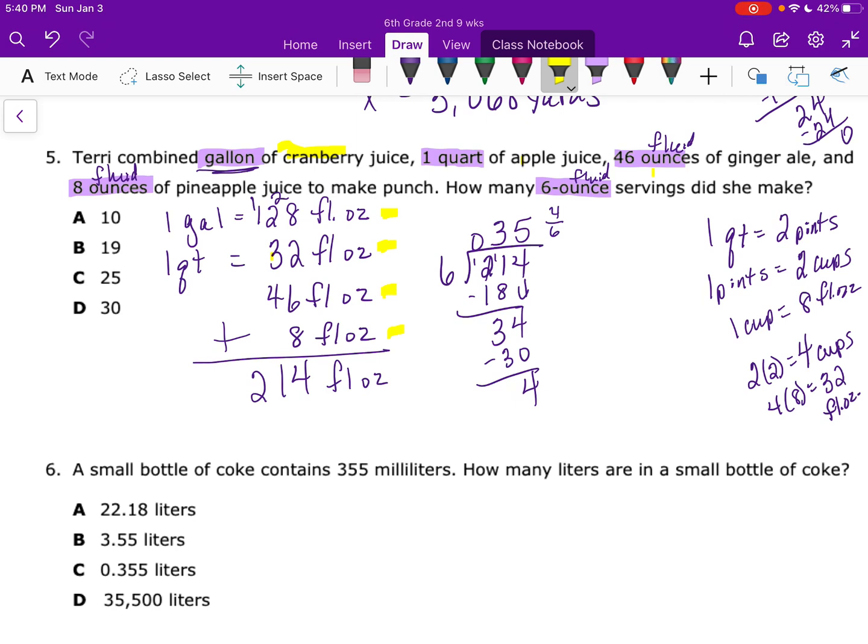One second, and check this real fast. So 1 quart is 2 pints, 1 pint is 2 cups. Yep, so I got all that right. So I guess there's just not an answer.